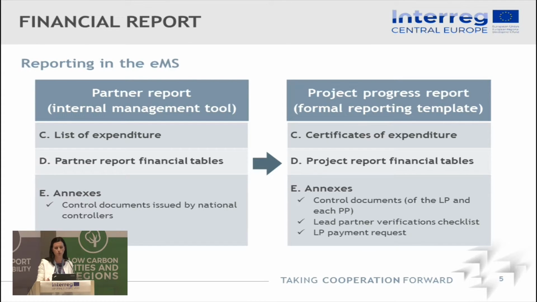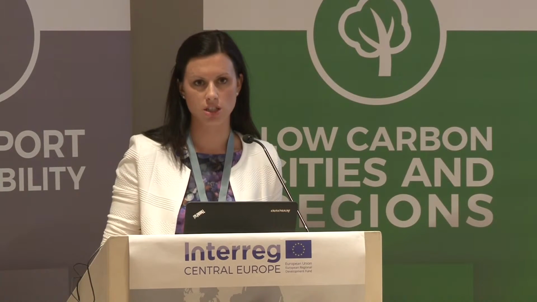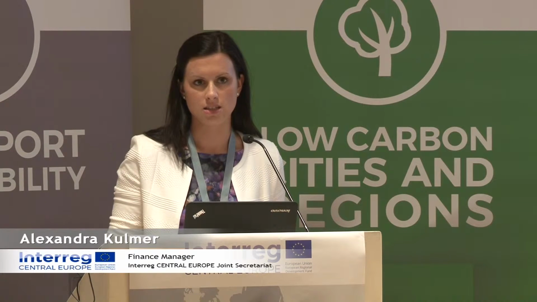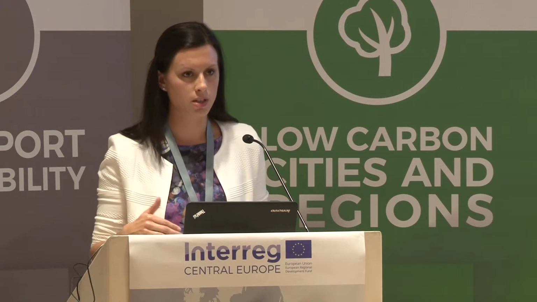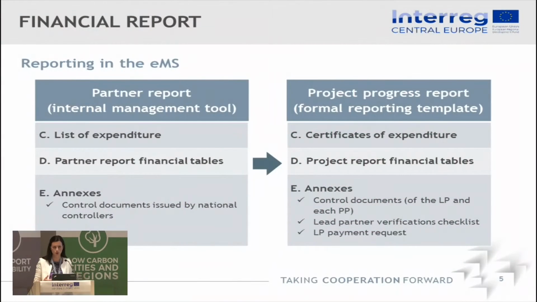Accordingly, you have in both reports, like in the partner report and then in the progress report, the section D where you have the financial overview, and you have the annexes. So in the partner report, later on, the national controllers will issue their control documents, which will be annexed to the partner report.